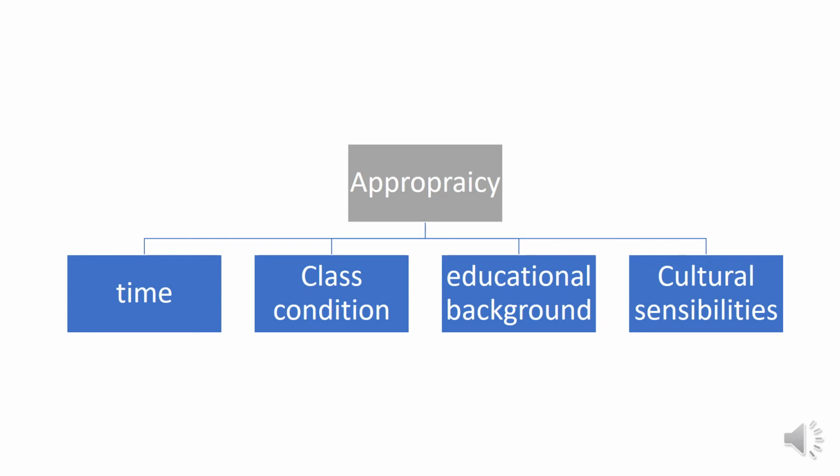An efficacious activity is one that works. In terms of appropriacy, we need to judge whether the activity is suitable for the time of the day, the classroom conditions, and for a particular group of students, taking into account their level, their educational background, and their cultural sensibilities.